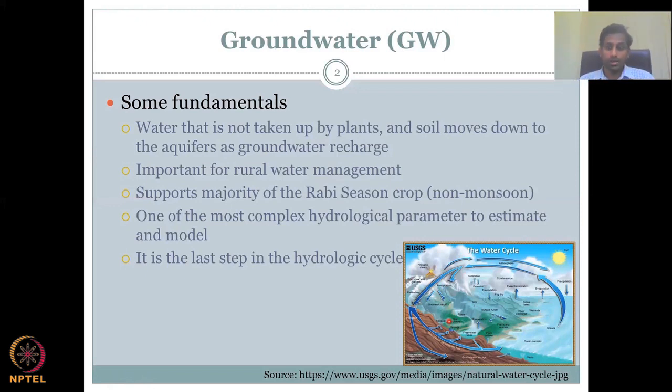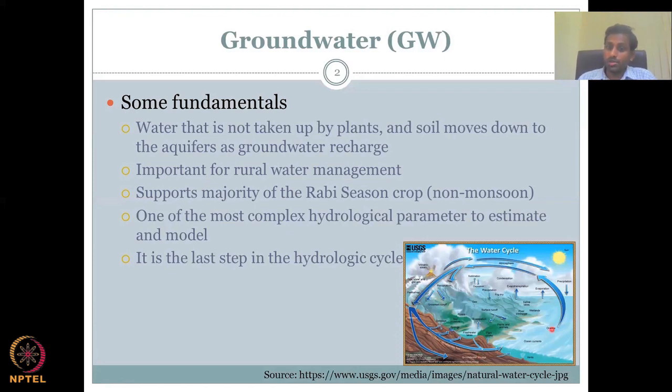So whatever remains after plants and animals have taken the water, the remaining water goes down because of gravity, and that groundwater is either stored as deep aquifer water, or it moves back into the system, into the ocean. So it eventually meets the oceans and gives it as a discharge into the ocean. So it is one of the last steps in completing your hydrological cycle.